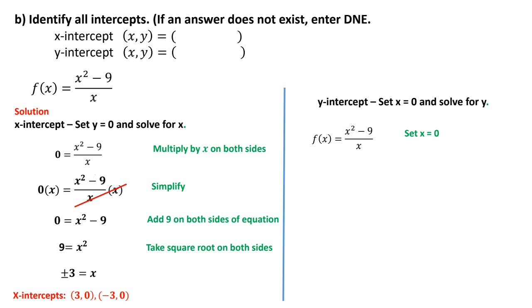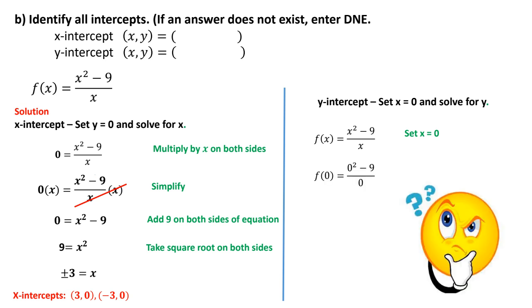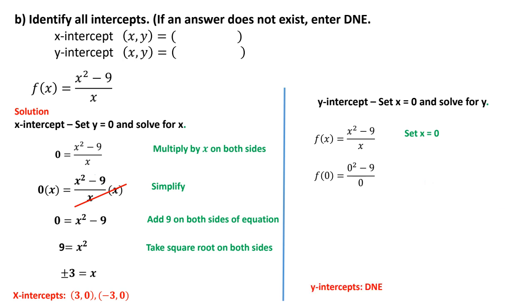Let's find our y-intercept. To find it, we set x equal to 0, so everywhere we see x, we plug in 0. We can't do this because we have a 0 on the bottom, so this does not exist.